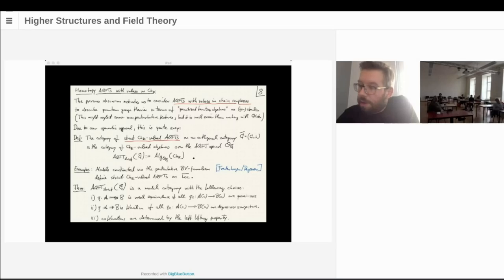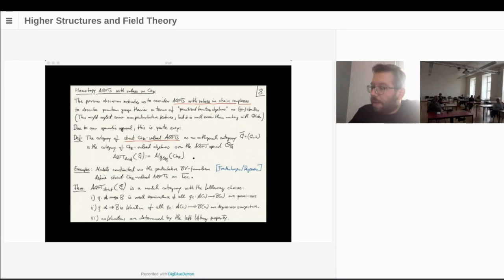Now, how to do AQFT with values in chain complexes is quite easy when you follow this operadic approach, which I told you about in the first lecture. Namely, in the operadic approach, you had the choice of a target category. It just had to be a symmetric monoidal category. And chain complexes are a symmetric monoidal category. You can take tensor products of chain complexes and swap them up to signs.